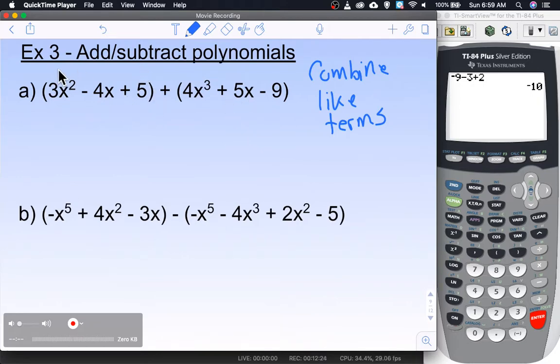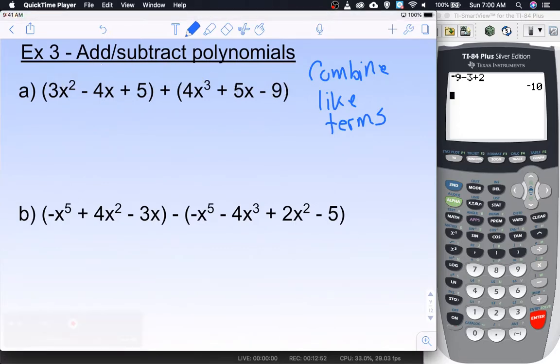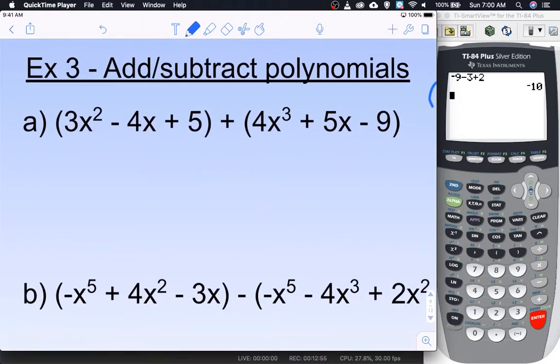Now, these parentheses around here aren't doing much except kind of keeping these two polynomials separate. We could actually drop them right now, and we could move stuff around because they're not doing anything. So as I'm looking at this, in my head, I'm kind of ignoring the parentheses. I'm looking to see, okay, my largest exponent is this x cubed. Does he have anybody else to combine with anywhere through the rest of the problem? No. So he's really just going to come along for the ride. 4x cubed.